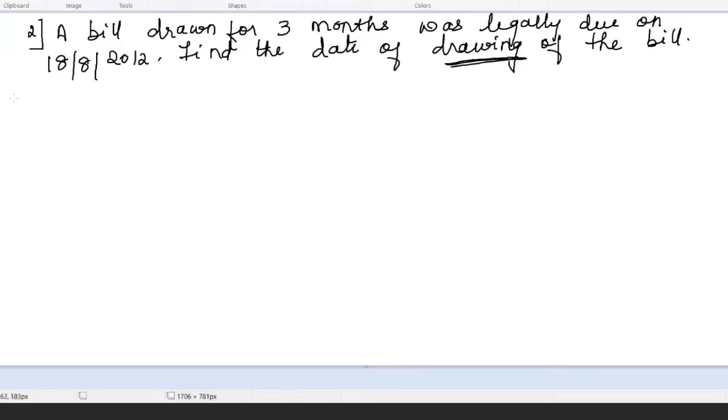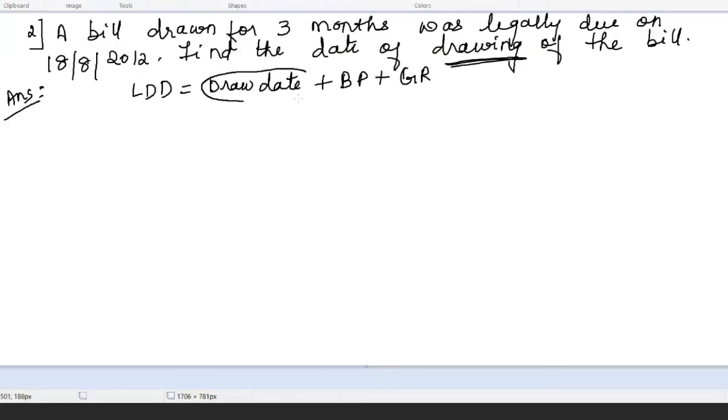So since we know the legally due date formula, let us write it. Then from that formula, let us see how to get drawing date. So legally due date was equal to drawing date plus bill period plus grace period, correct? Now, I want the drawing date.